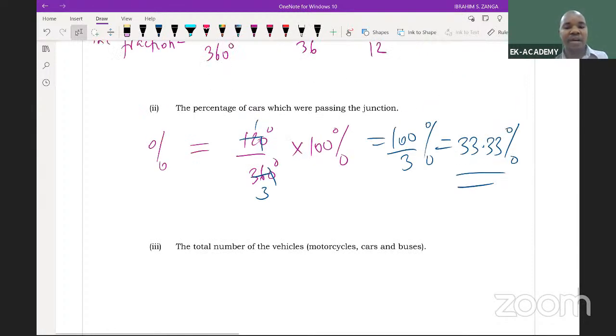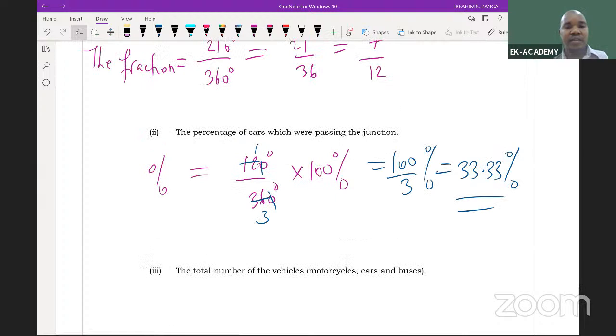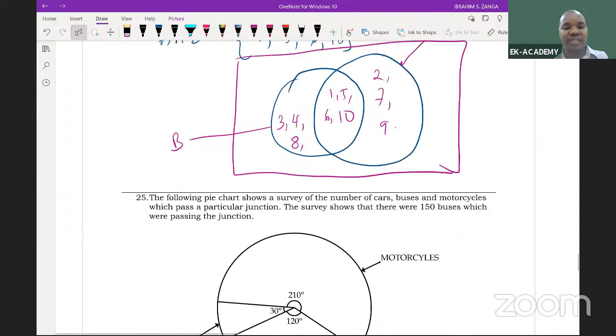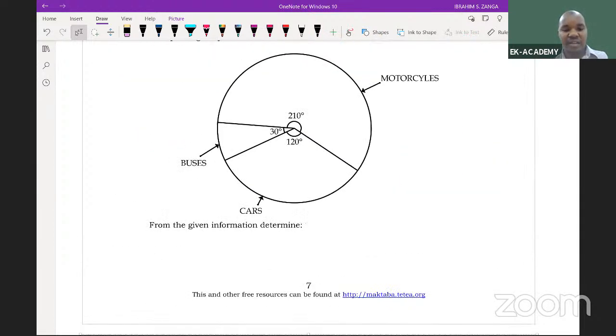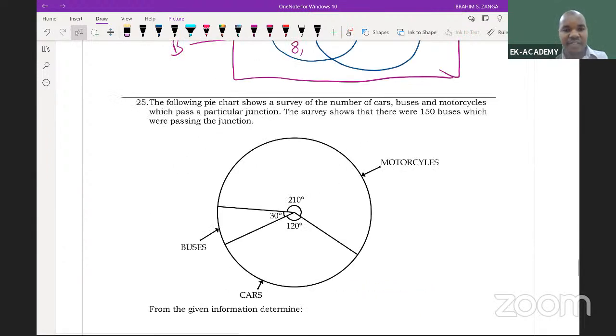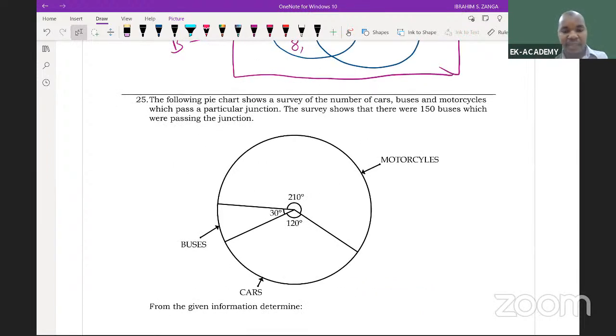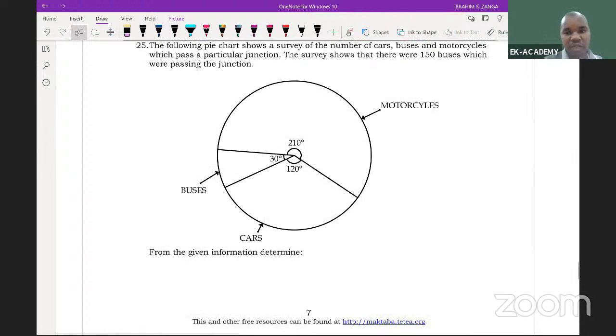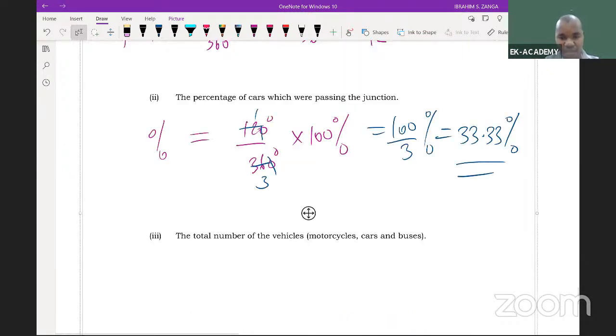The total number of vehicles. So the total number of vehicles, dear students. They said here already motorcycles, cars, and buses. It's a bit confusing.